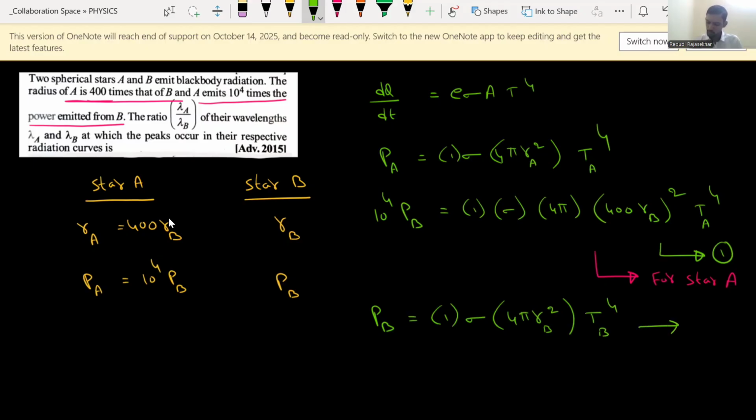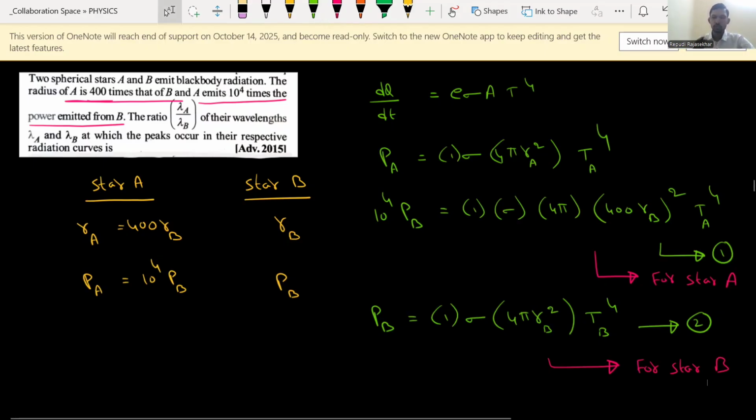So this is equation number 2, and it is for star B.